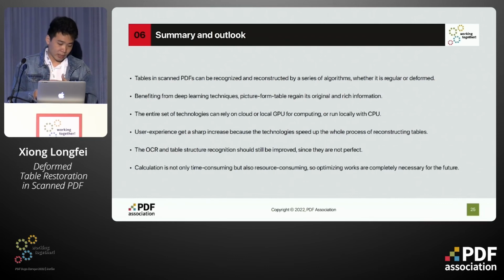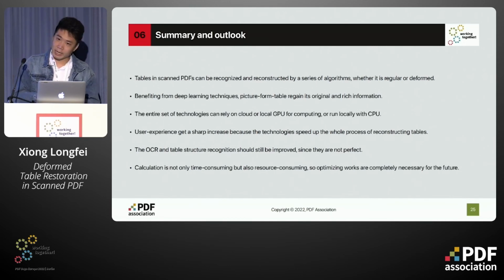The entire set of techniques can rely on the cloud or run locally with GPU for computing, or with the CPU as well. User experience gets a sharp increase because the technique speeds up the whole process of reconstructing tables.